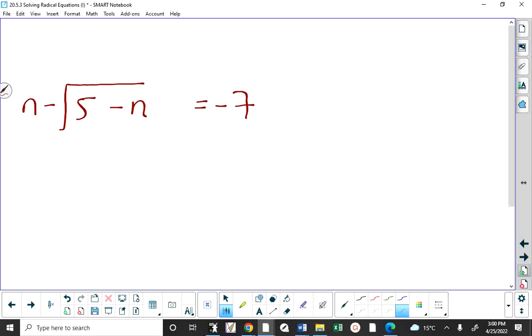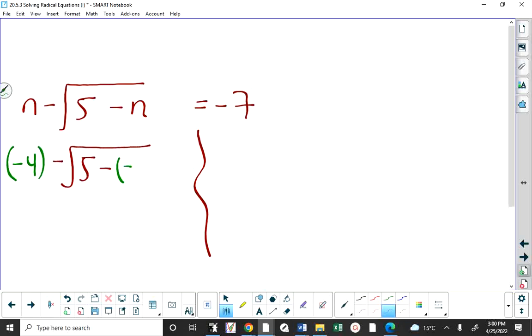What was one of the answers we got for n? Negative 4? Okay, let's put negative 4 in. Negative 4 minus root 5 minus negative 4. Let's see. Negative 4 minus, let's see, what's 5 minus negative 4? That's 9.